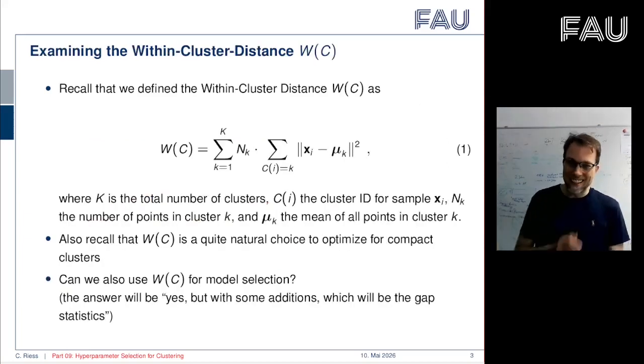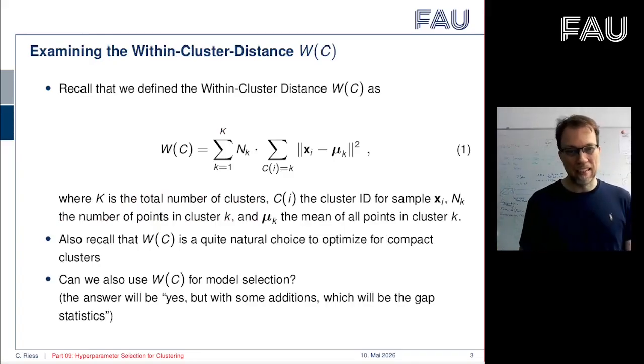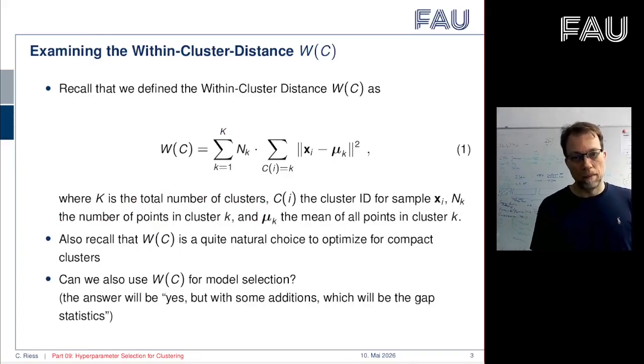Okay, so let's start with the within cluster distance. So we have the differences of each point that is assigned to a cluster to its cluster center squared, multiplied by the number of points in that cluster.